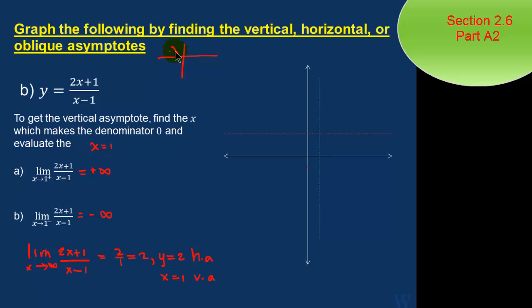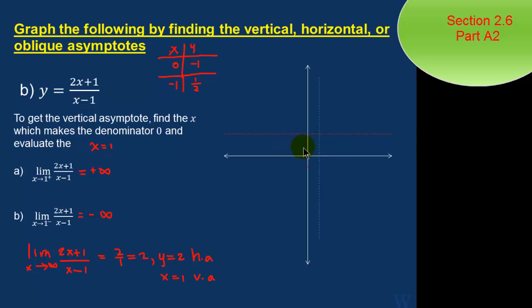So let's say x is 0, our y would be negative 1. If x is, say, negative 1, then the numerator becomes minus 2 plus 1, which is minus 1, and the denominator is minus 2, so minus 1 over minus 2 becomes a positive 1/2.